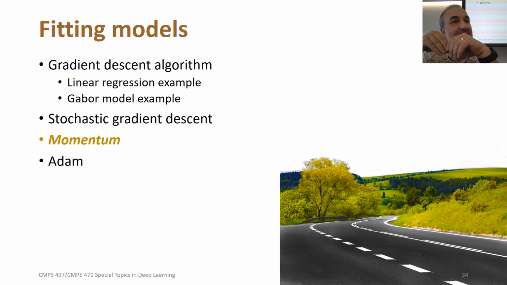Now we will see that we can do two changes, or at least two changes. Actually, we'll see three of them that will make it sometimes faster, sometimes more precise. The first one is called momentum. So what is momentum?